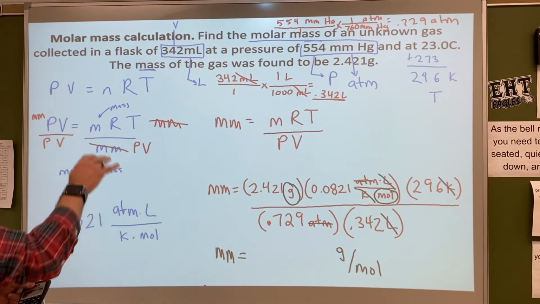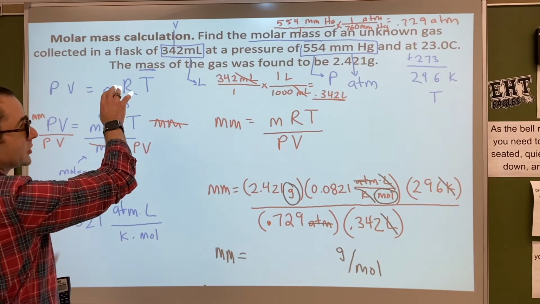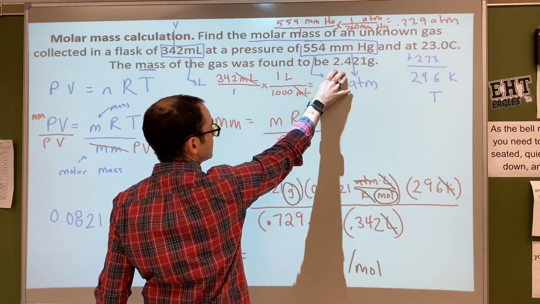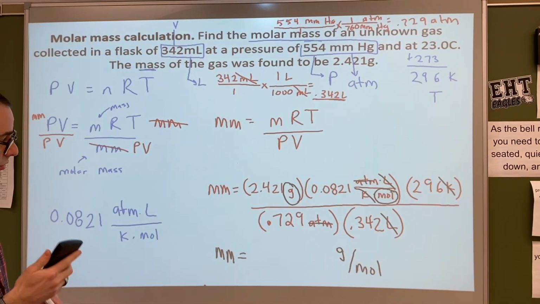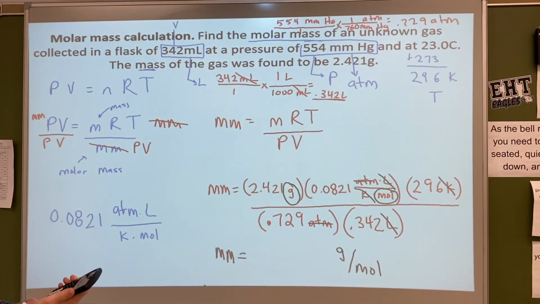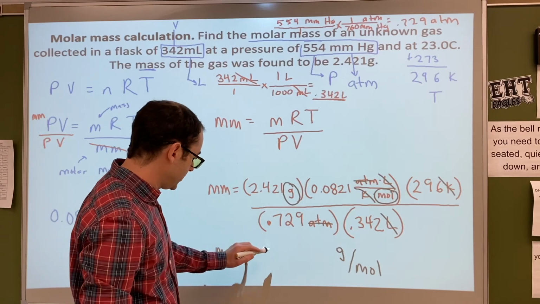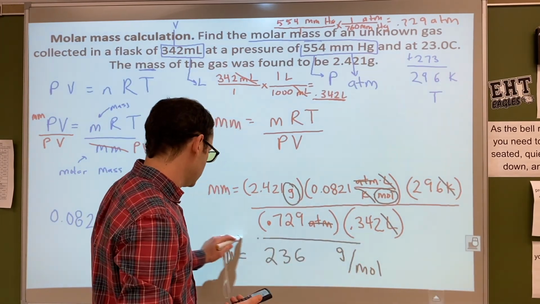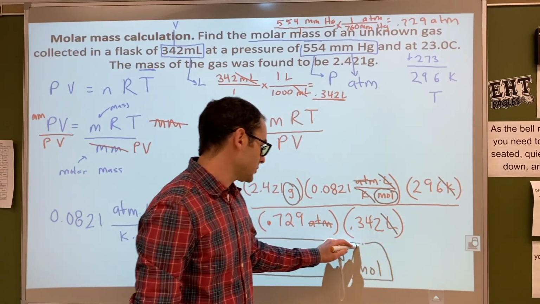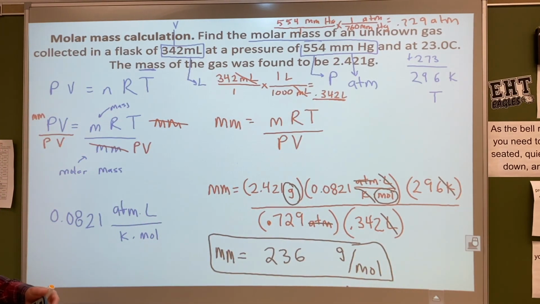Let's look at sig figs. It looks like there's 4 for the grams, but everything else has 3, so we're going to go with 3 sig figs. 235.98 is going to get rounded up to 236 grams per mole. That's going to be our answer for that problem.